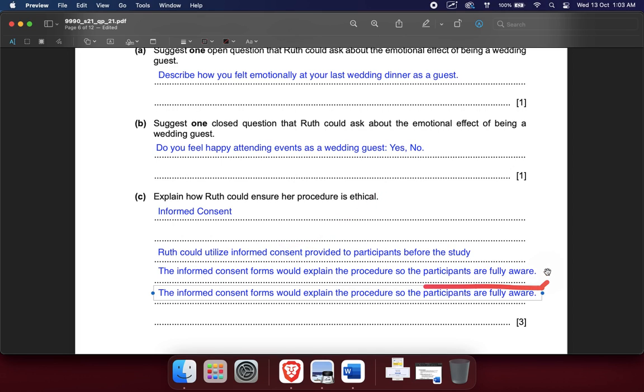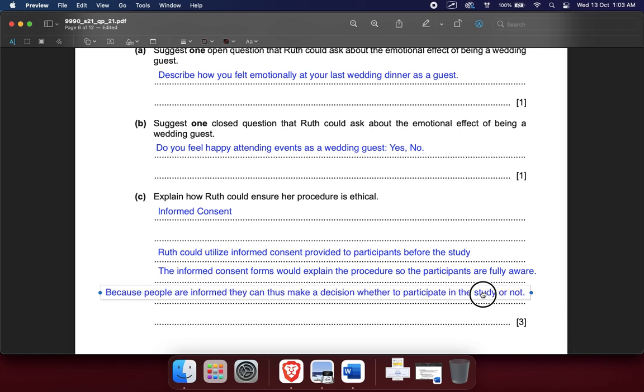Secondly, you want the participants to be fully aware of what they're doing. And then third mark, what can you say about informed consent? We could also say, because people are informed, they can thus make a decision whether to participate in the study or not.